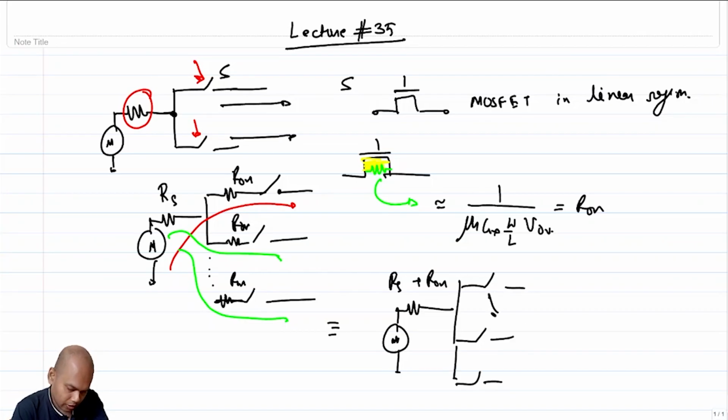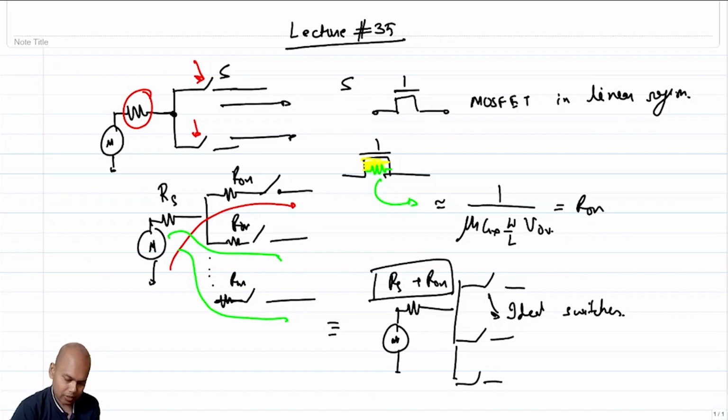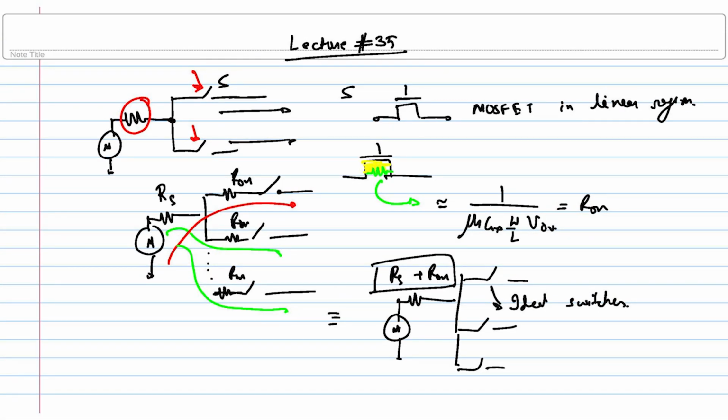So these are ideal switches, right? By doing so, we essentially simplified our noise analysis, and we can assume that all the thermal noise is now contributed by both RS and R on, right? Okay, fine. So this is something that I wanted to mention before we move on to the transmitter part.